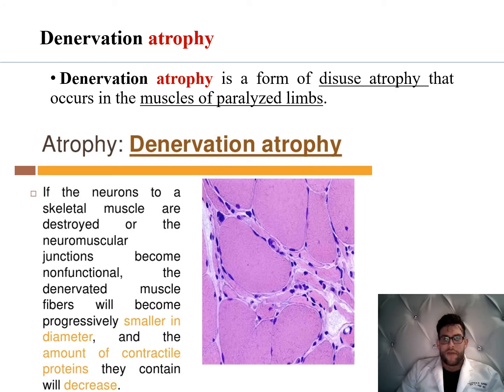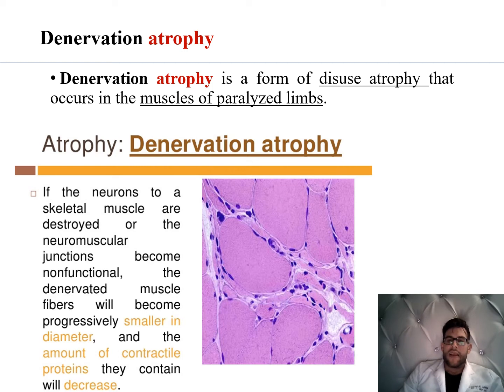Another type of atrophy is denervation atrophy, and this is a form of disuse atrophy that occurs in the muscles of paralyzed limbs. Remember, in order for a skeletal muscle to properly do movement, it needs to be innervated by the neurological system.